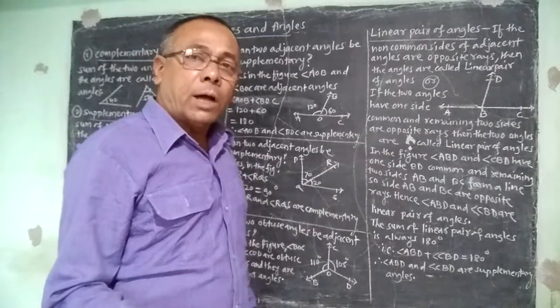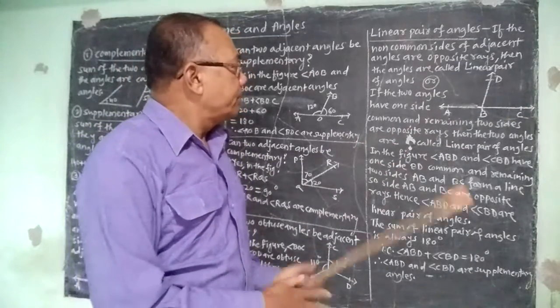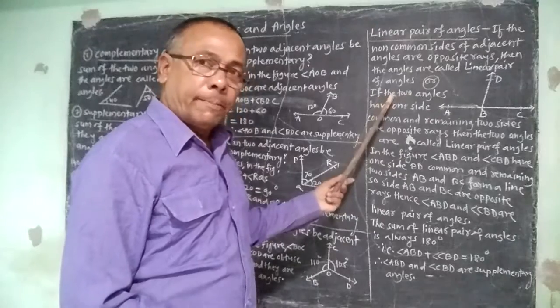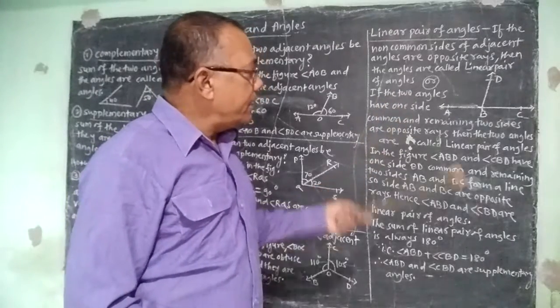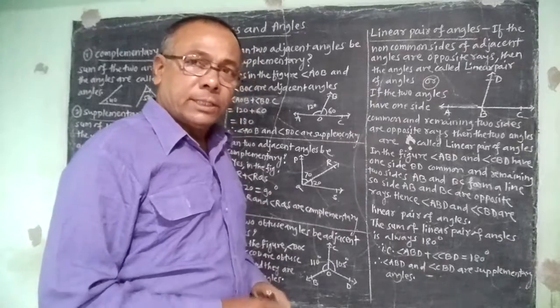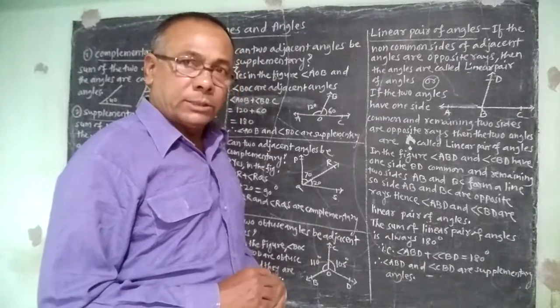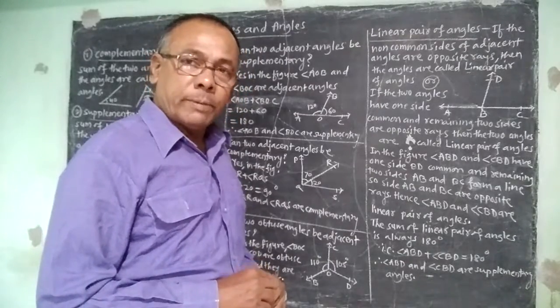Or in other words, if two angles have one side common and the remaining two sides are opposite rays, then the two angles are called a linear pair of angles.